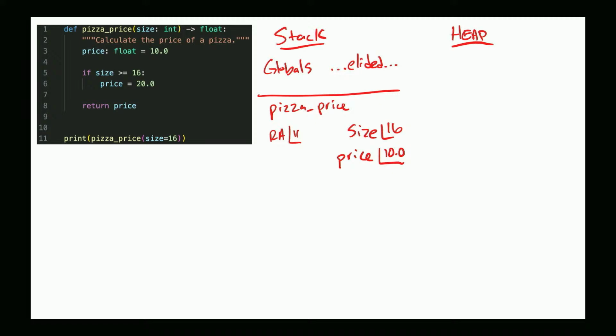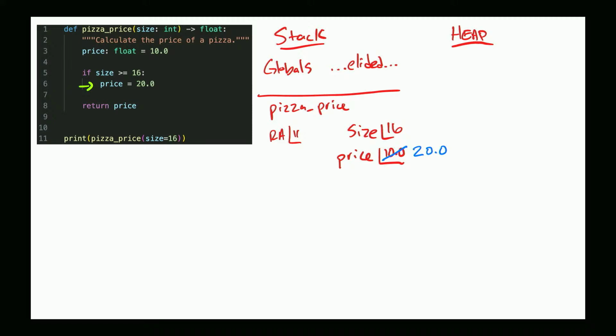Right? And here we reach another variable assignment statement. And here's where we have a new concept. So this is the big idea with variables. At this point in time, we're saying price, the variable, is being assigned a value of 20. So how we would indicate this in memory is we would say the value 10 is being replaced with a value 20.